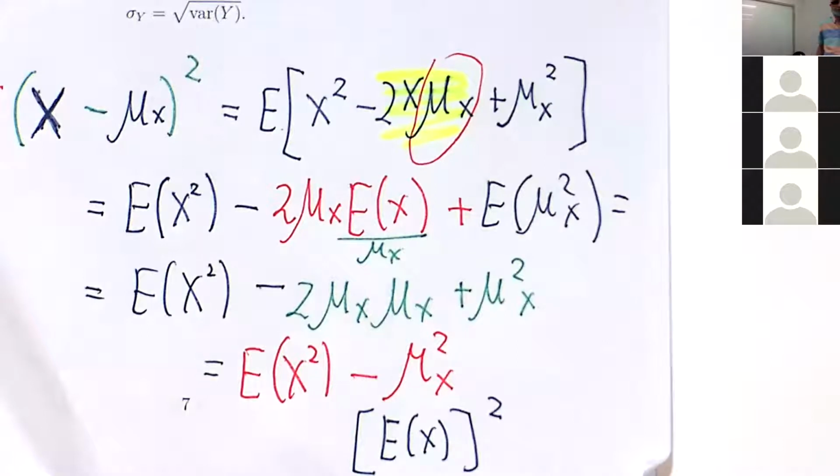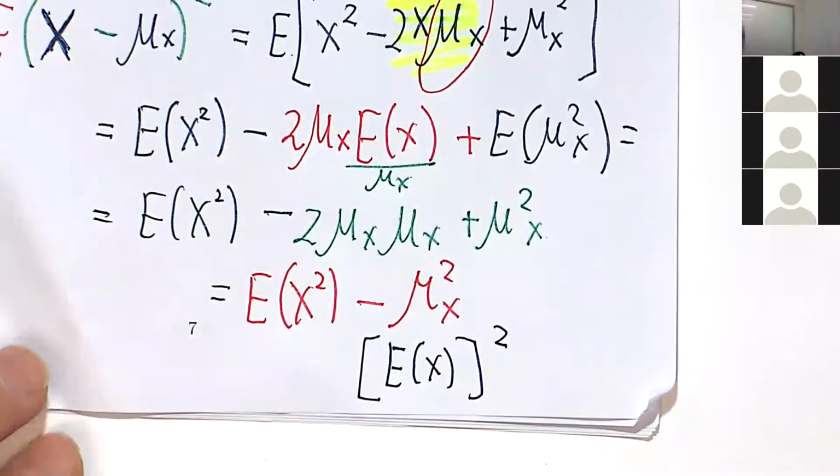So how to read this formula, this working formula for the variance? From now onwards, we'll be using mainly this expression to evaluate the variance. So what is the variance?